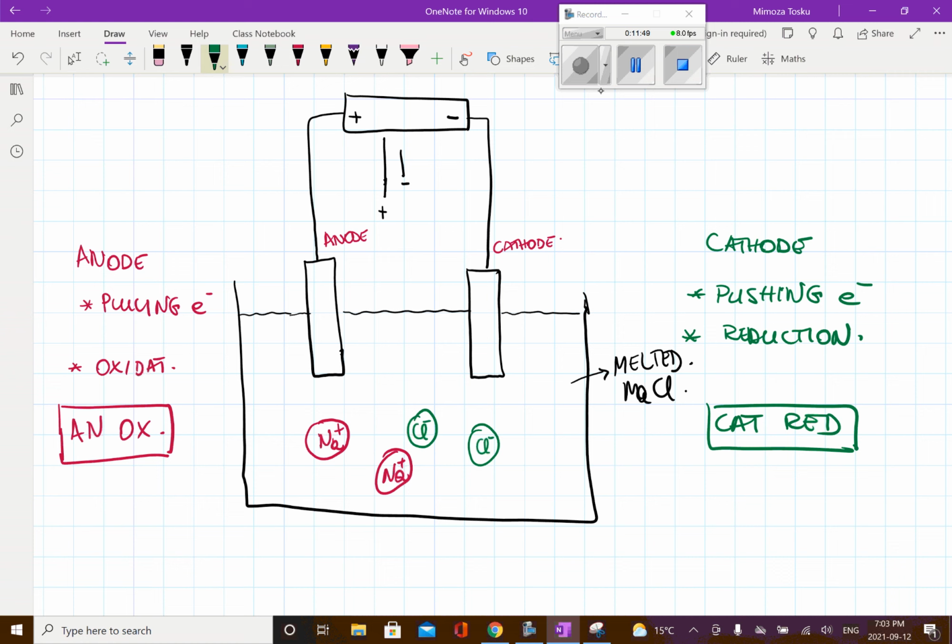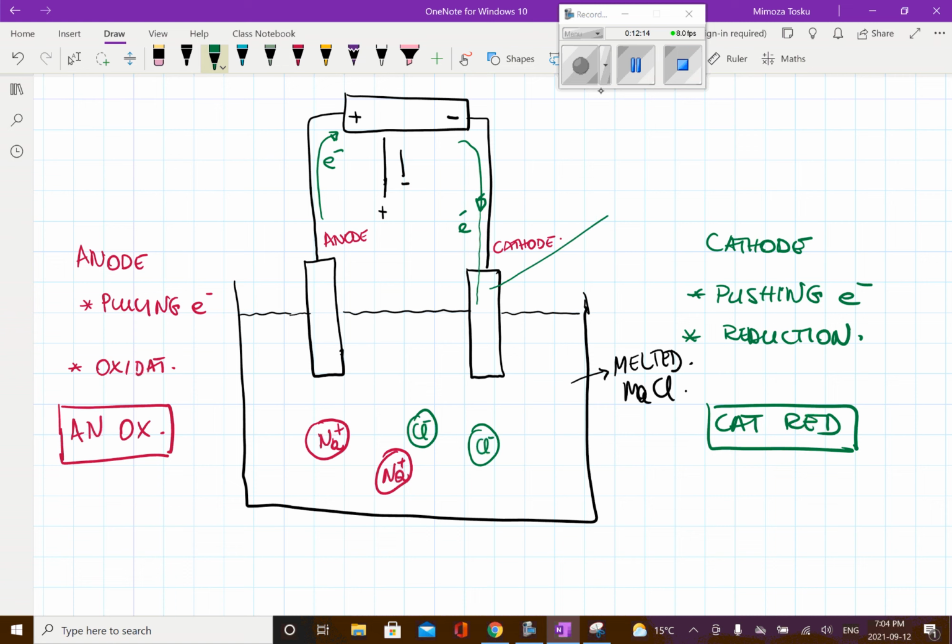Now we know that the electrons are pulled by the positive pole and are pushed by the negative pole of the battery. So now, since the electrons are pushed into the negative pole, the electrons are coming to the electrodes.